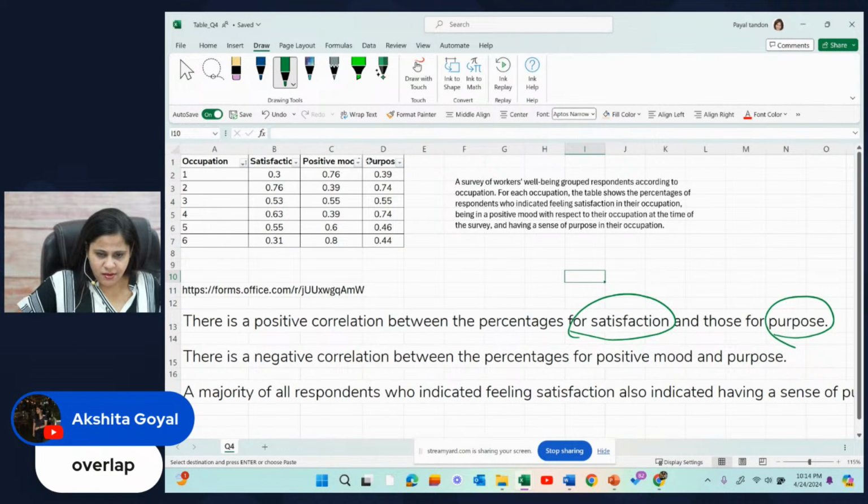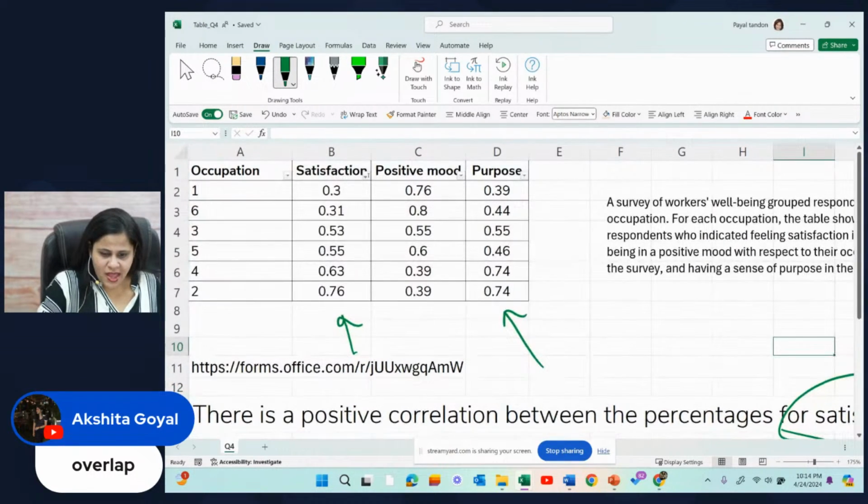So here, let's sort this. This is satisfaction, and I have to look at this purpose here. All right. So this is anyway increasing as I'm going down, right? These numbers are increasing. Now, are these numbers also increasing? Absolutely. You see there is an increase here, there is an increase here.